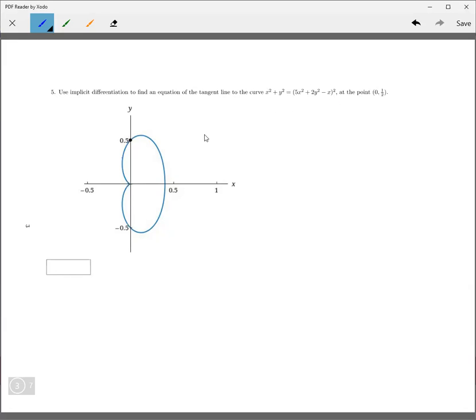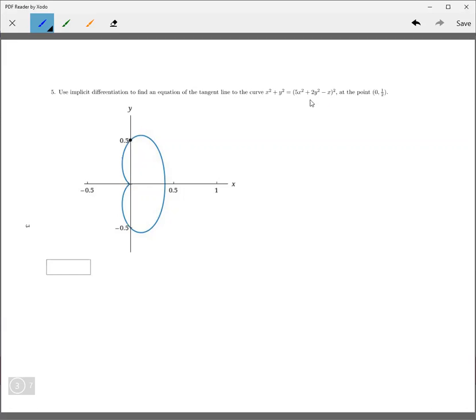Okay, so this equation is this weird object right here. And we can use implicit differentiation to find the derivative, the slope of the tangent line. So basically we want the derivative at that point right there.